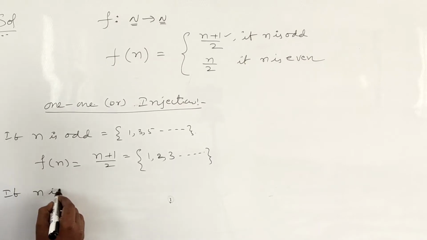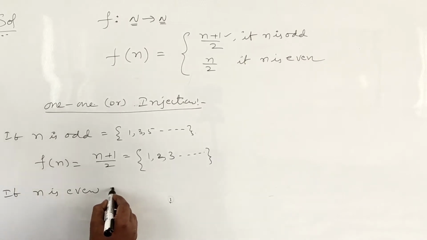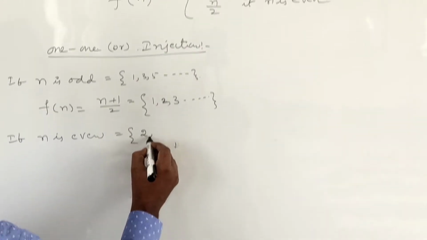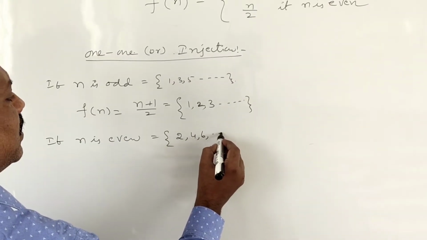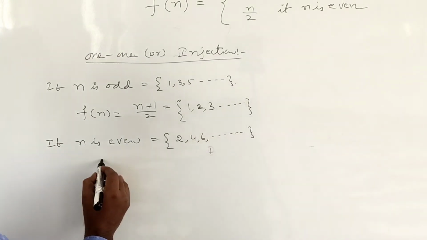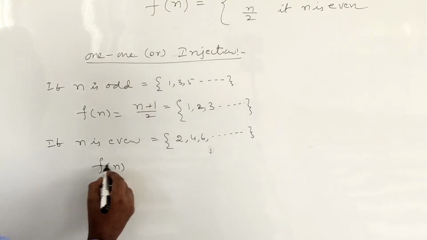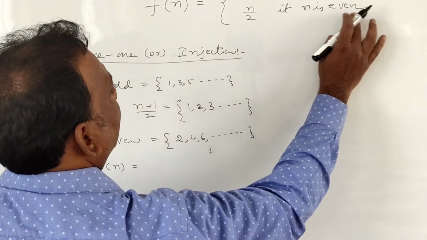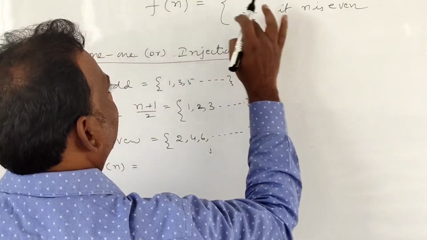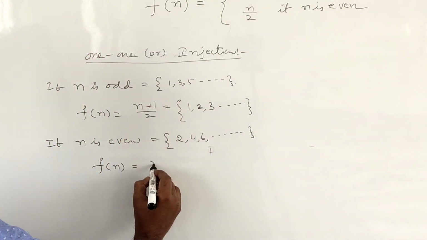If n is even, what are the even natural numbers? 2, 4, 6, 8 and so on. In that case, what is f of n? That is also given here: if n is even, f of n is equal to n by 2.